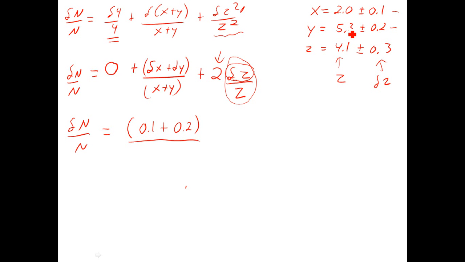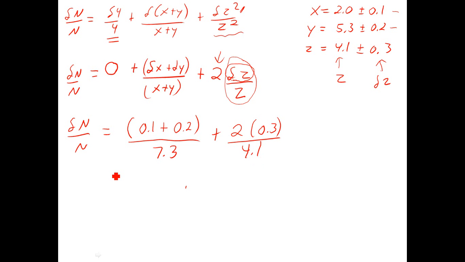X is 2, y is 5.3, so it looks like it's going to be 7.3, and it's going to be plus 2 times the uncertainty in z, which is 0.3, divided by z, which is 4.1.